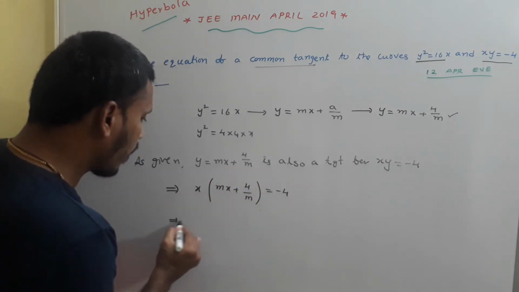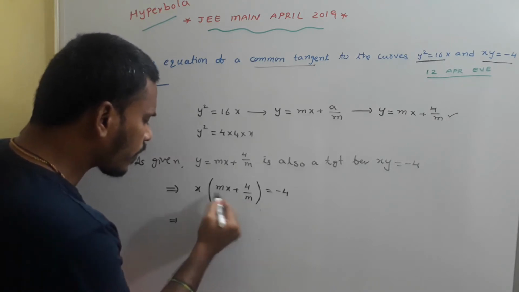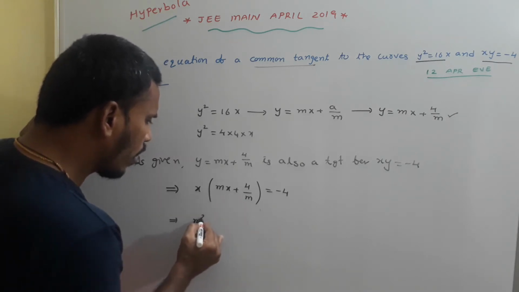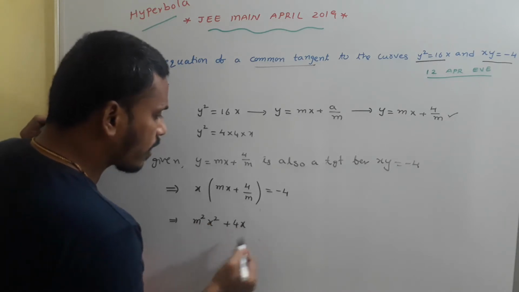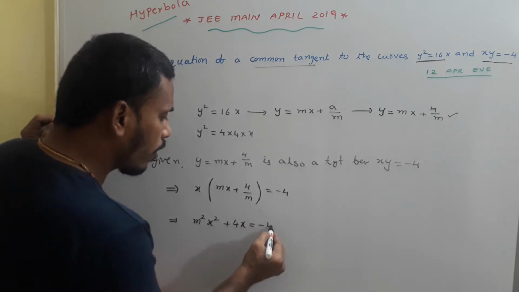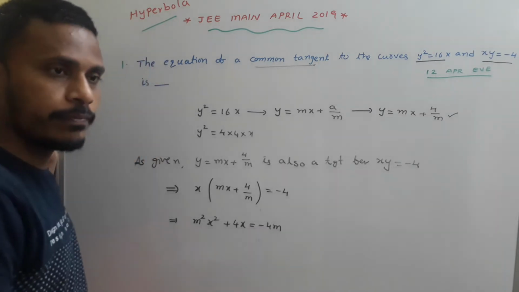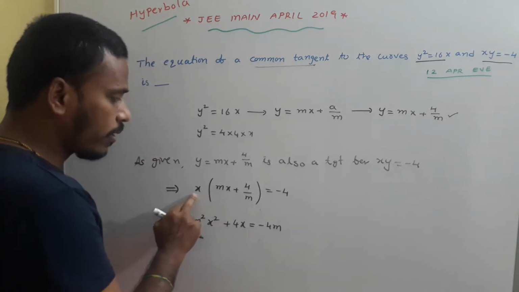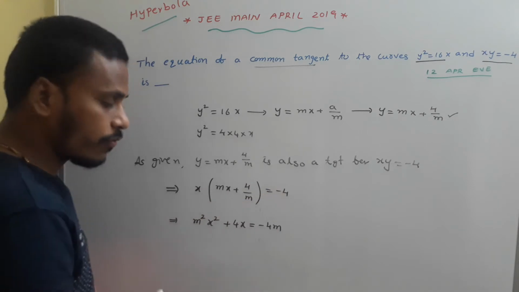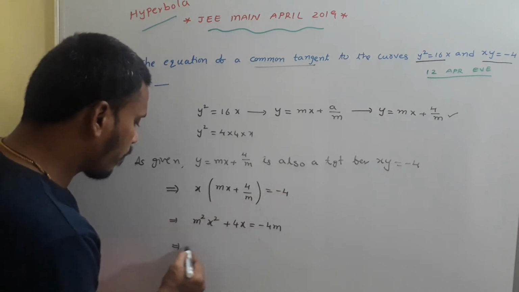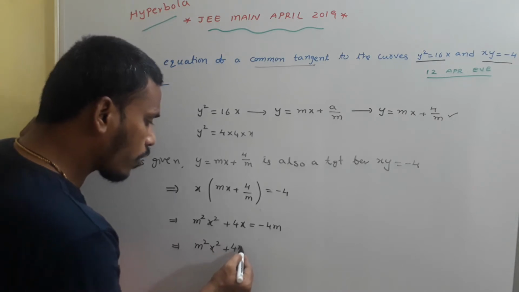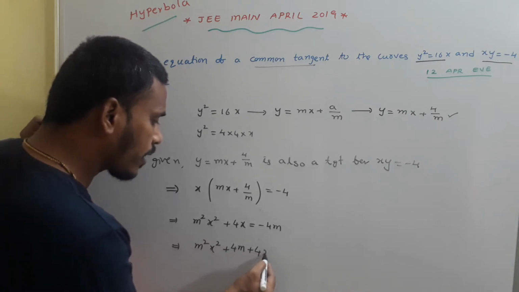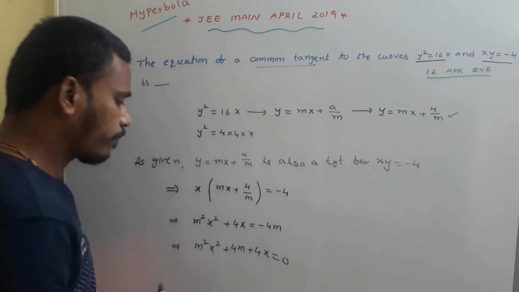That implies m square x square plus 4x is equal to minus 4m, and then m square x square plus 4x plus 4m is equal to 0.